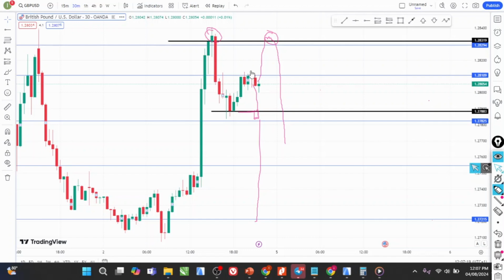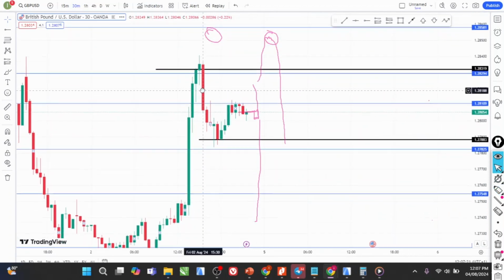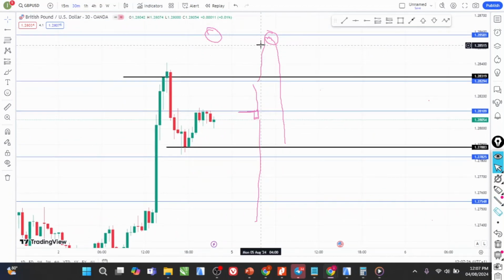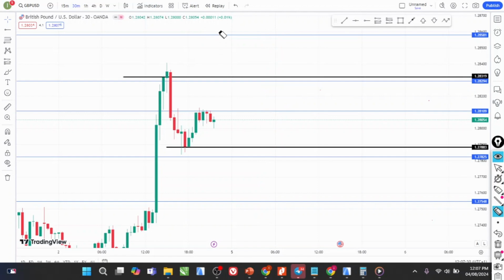So for the buys, for anybody that might be looking for a buy setup on GBP USD, this is what you should be looking out for.